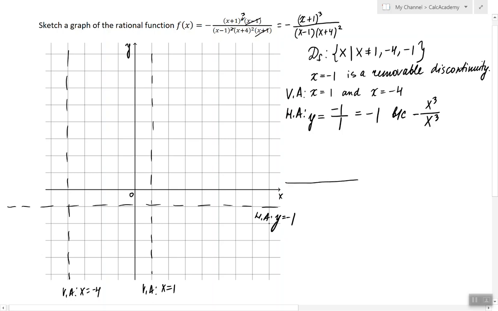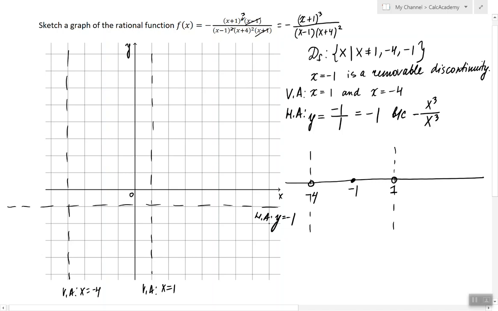To construct the sign chart, we're going to take all the zeros from both the numerator and the denominator. So this is the 0 of the numerator. The zeros from the denominator I'm going to write with little circles to highlight that we have the asymptotes here.